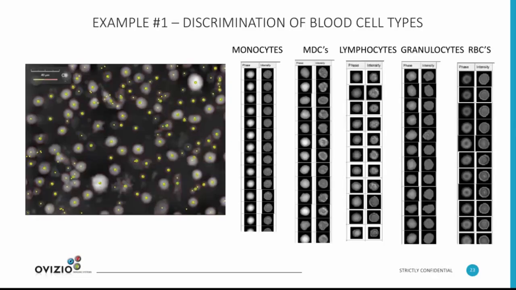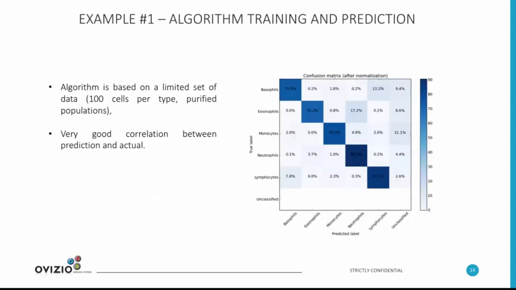The first step was creating images and identifying on those images the different cell types and creating, of course, the holographic fingerprint based on the 70 parameters. So you can see in this slide the different images that were used to identify and to create the fingerprint for the monocytes, for the mature dendritic cells, for the lymphocytes, granulocytes, and red blood cells.